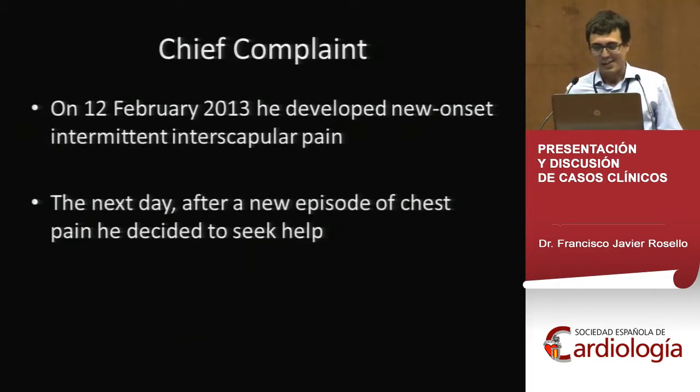On the 12th of February, he presented a new onset of pain in the interscapular region, but he didn't call for help. The day after, he presented a new episode of chest pain, and he decided to seek help.